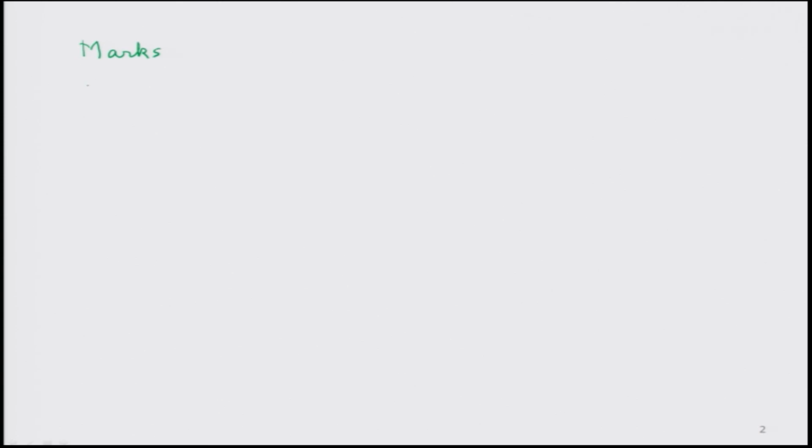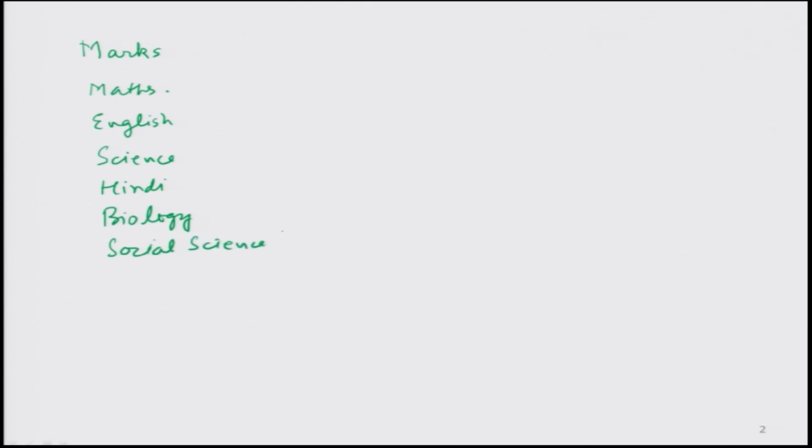Here you will try to write down the subject, say maths, then some language, say English, science, Hindi, biology, and social science, and so on. And then you will write the marks obtained in each subject, say out of 100.